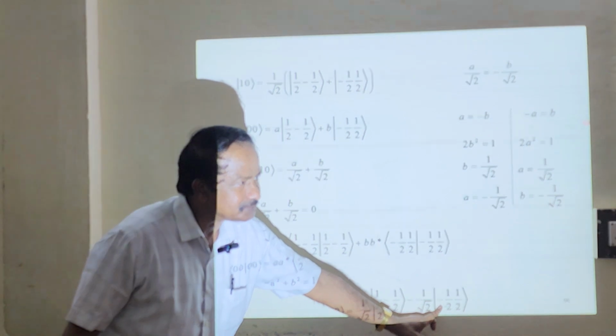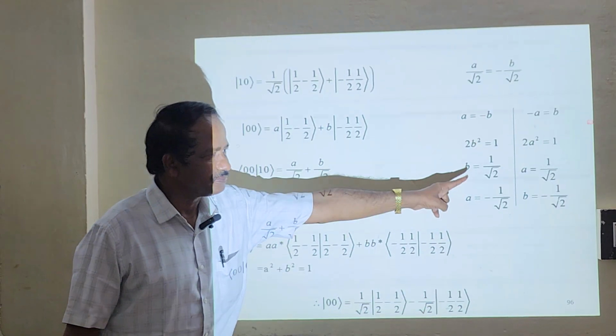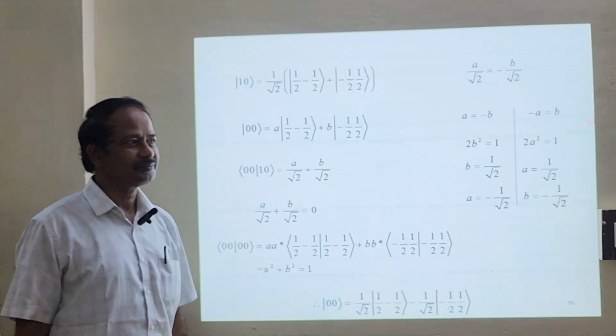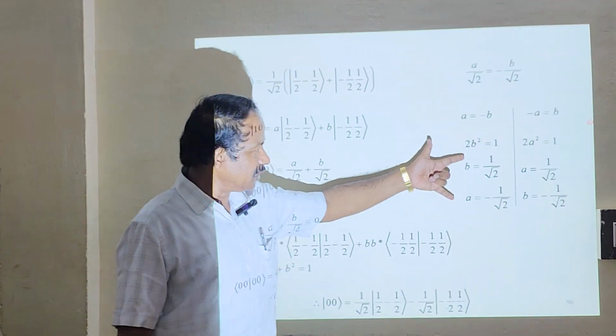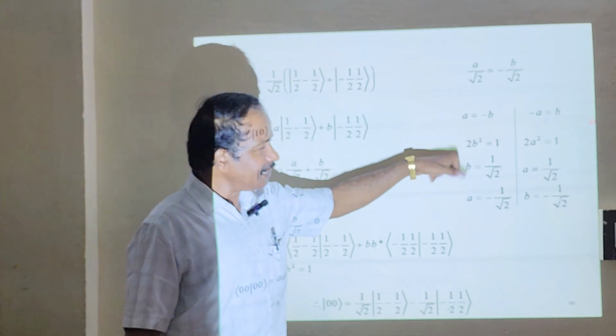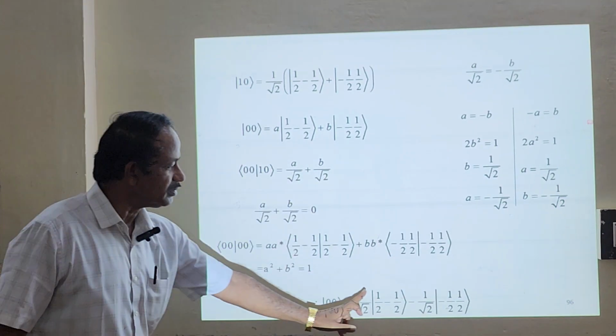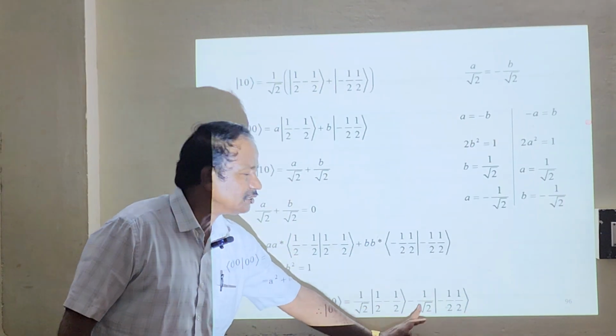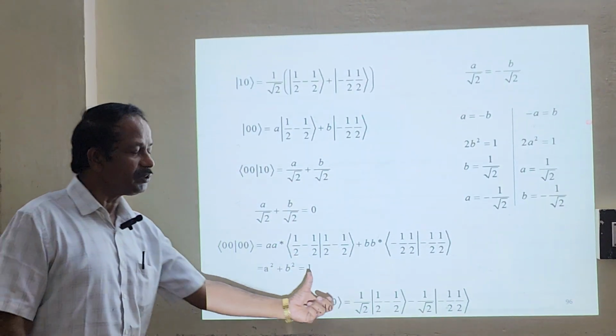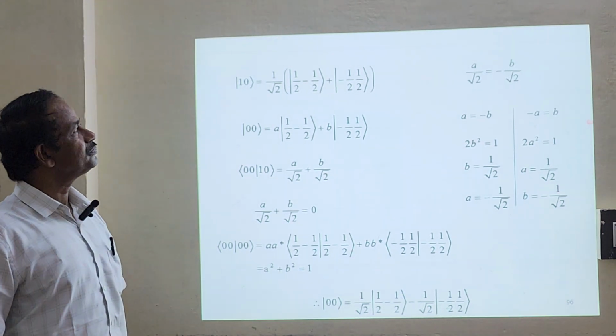This is a negative value, so just take the negative value. That's all. B equals the negative value. Is it okay? We have two combinations for A and B. Depending on which you choose, if it is a positive value, just take the positive value. If it is a negative value, choose the negative value. So now we have found out the A value and B value.